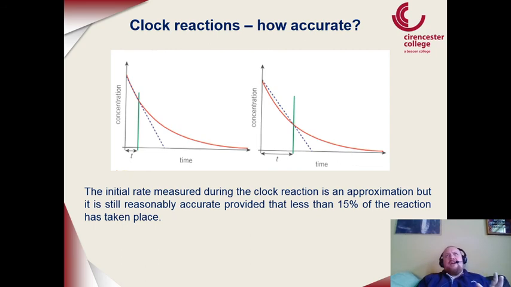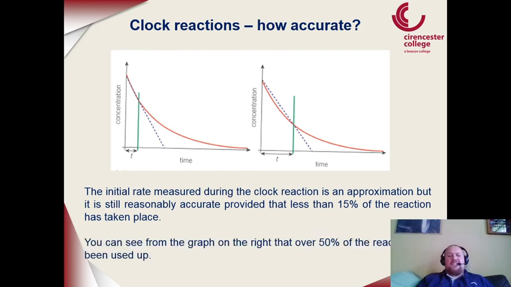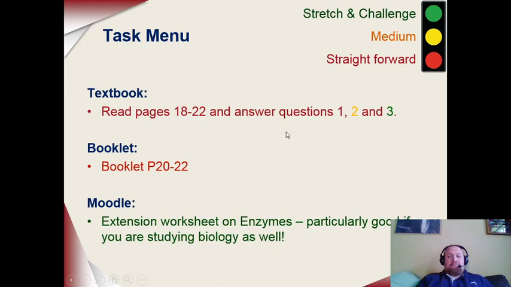To get the initial rate, you need to be measuring straight away the rate of reaction, and it is actually quite challenging to do that. There are a few experiments where you can do that, but it does represent a bit of a challenge. But we can see here that if the colour change was here, if we just had that as the rate and the initial rate, it would not be very accurate.